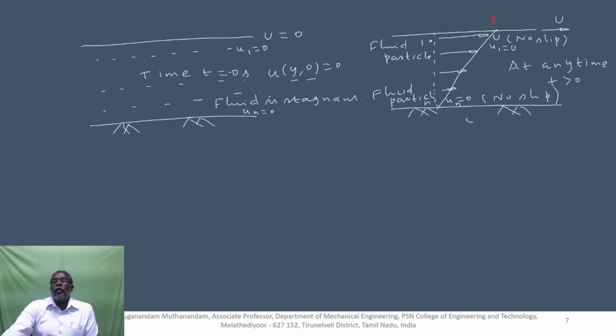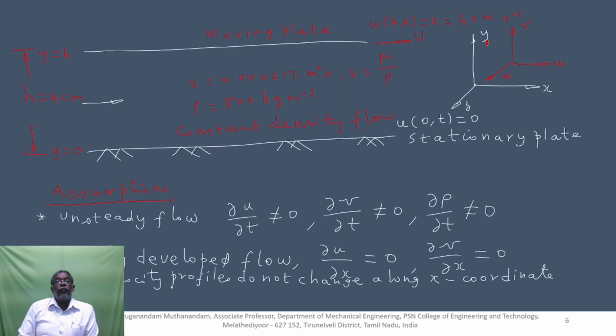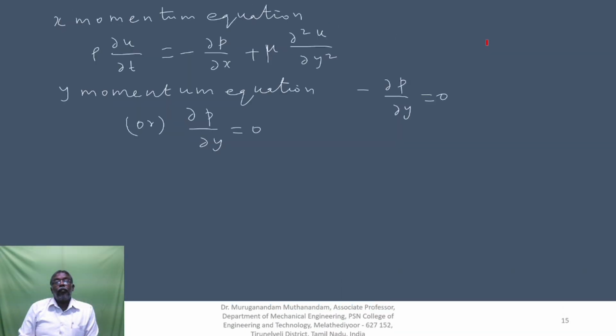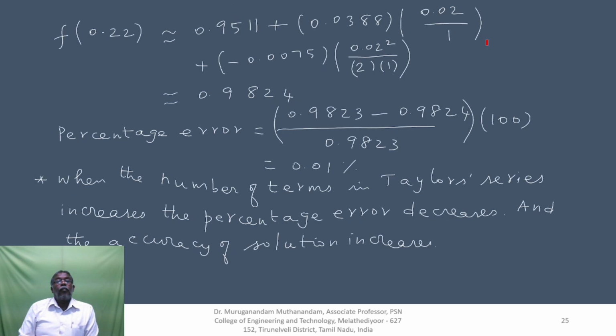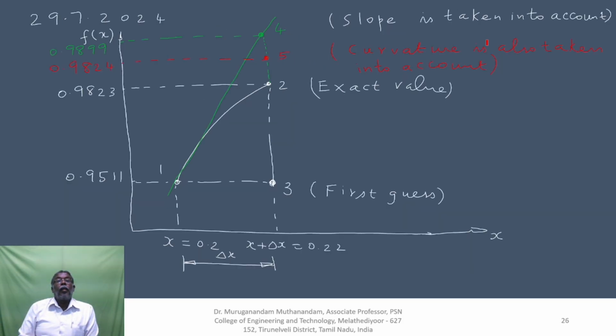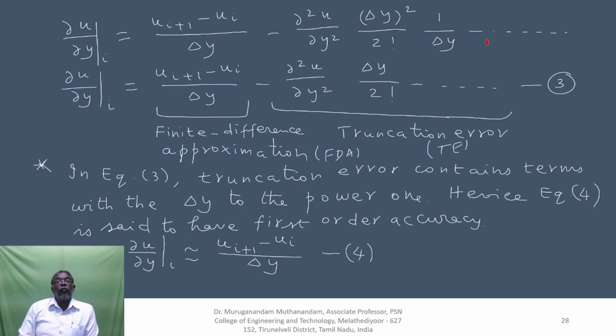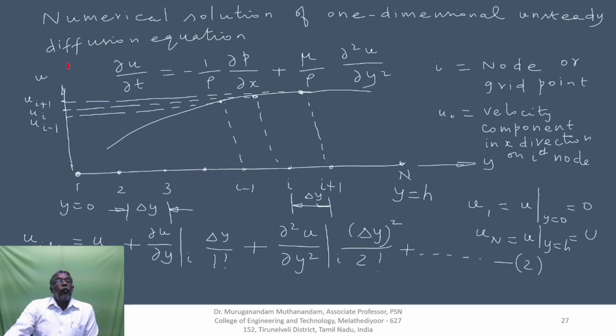How it varies is taken as the vertical direction. So this is the function. The curved line is shown as the variation of u along the y direction.